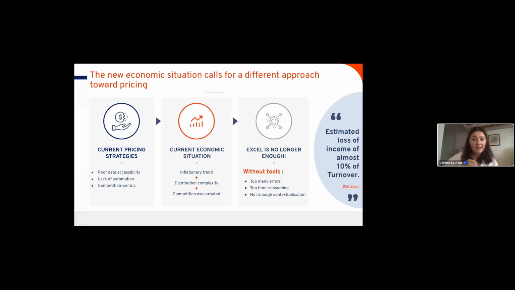Companies which are still not using pricing tools are making too many errors, are focusing on time-consuming tasks, and are not taking enough of the context into account. And so we estimate that there is a loss of 10% of turnover in those kinds of actions, and it comes from a BCG study.